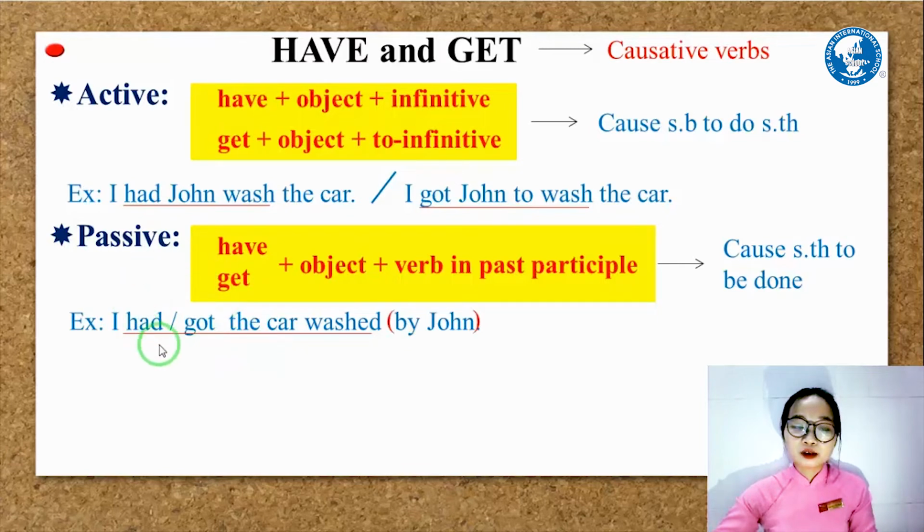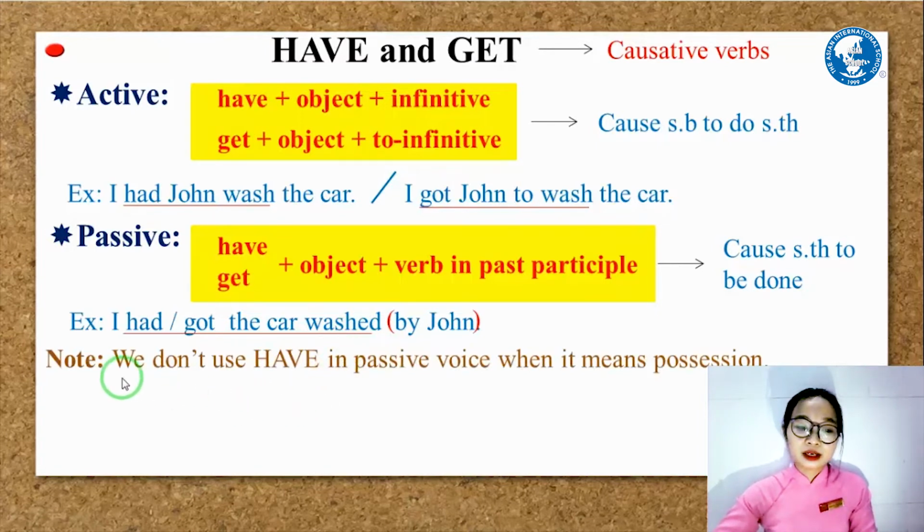However, in this structure, you usually don't mention "by Tran" because we usually use this structure to emphasize the action, and that action is done by someone else. But if you want to mention the agent, you still can add "by" and an object after the passive verb as usual.